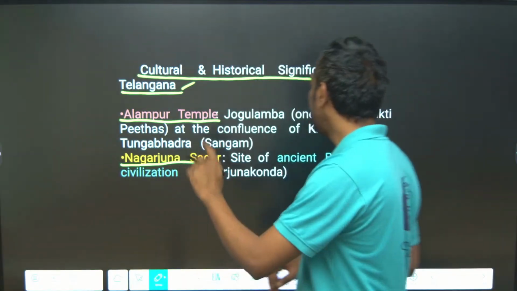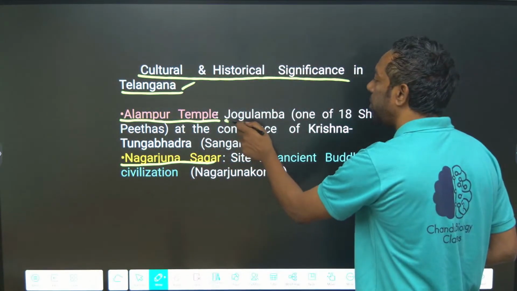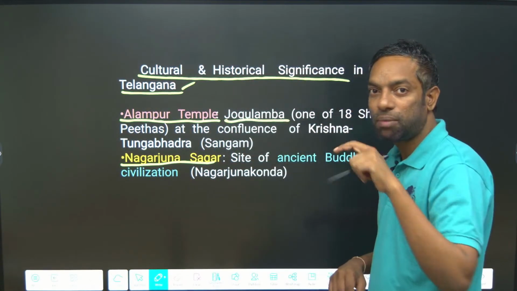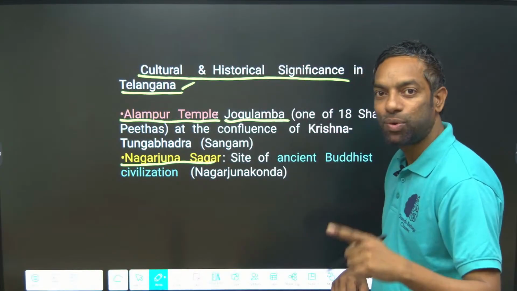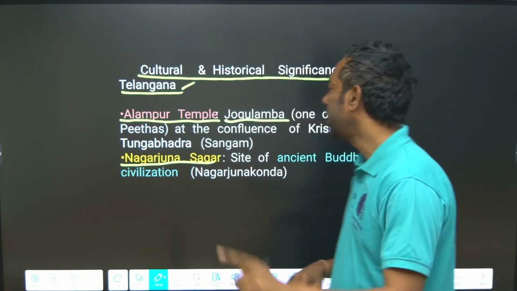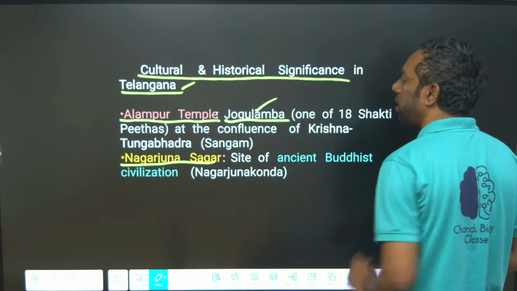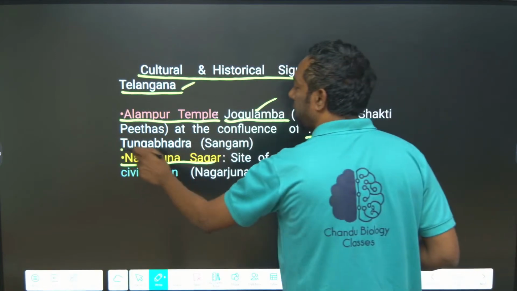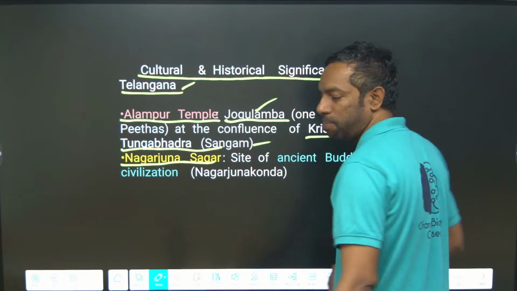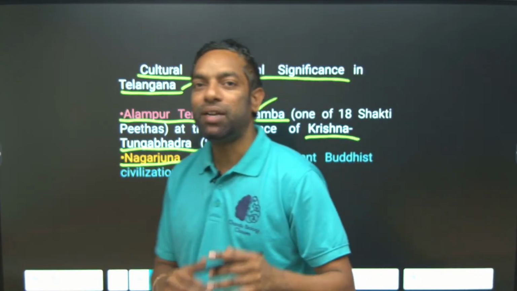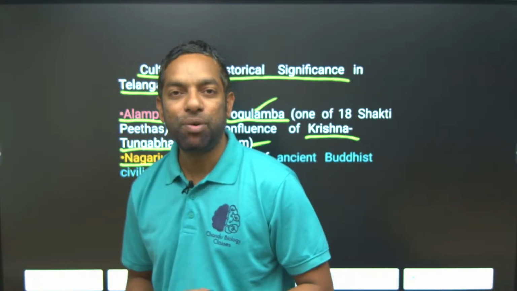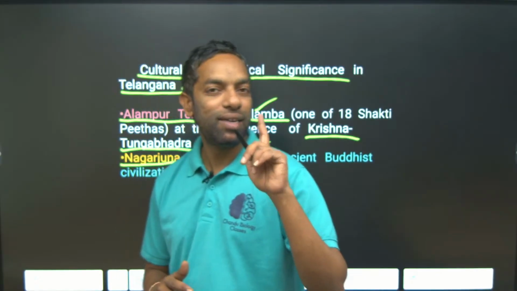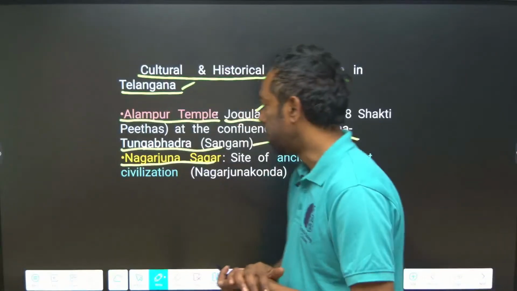Alampur temple, Jogulamba Gadwala, is where Tungabhadra meets the Krishna River, the Sangamam. Krishna and Tungabhadra meet at a Sangam called Alampur, Jogulamba Gadwala. It is a historical cultural place based on the Krishna River.